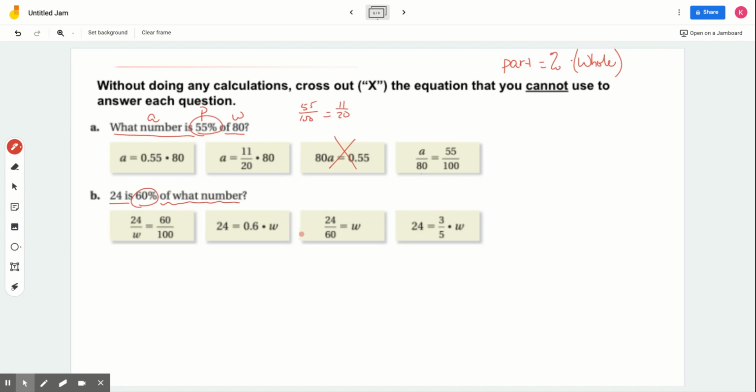Since all of them do, we know that the error is not with the 24. 60%, so we have 60 over 100, 0.6 is 60%. We also know that 3/5 is 60%, but here we have the part over the percent. We know that that one cannot be correct.